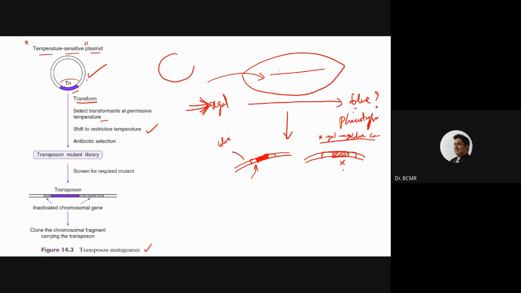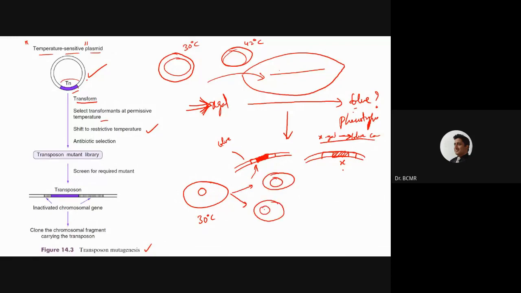So it would mean that the plasmid would replicate at 30 degrees centigrade, but would not replicate at 42 degrees centigrade. So if you have a cell with the plasmid at 30 degrees centigrade, every time the cell divides, what will happen? The plasmid also will replicate along with it, right?